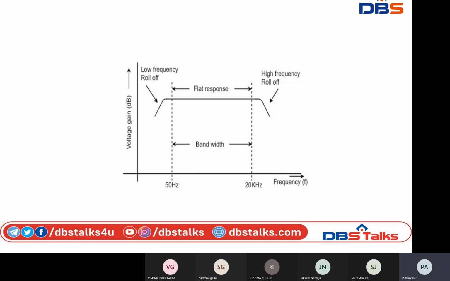But at high frequencies, the reactance of CC will be low, which causes it to behave like a short circuit. This increases the loading effect of the next stage, so that reduces the voltage gain. In addition to this, the capacitive reactance of the base emitter junction will be low.